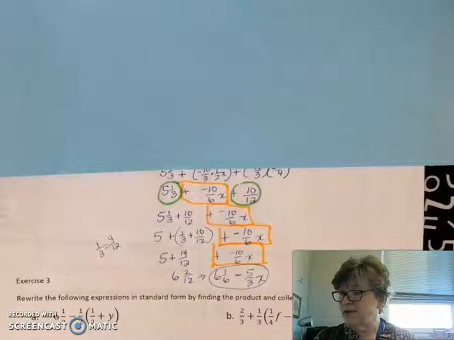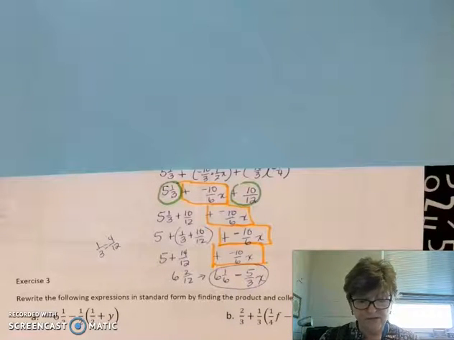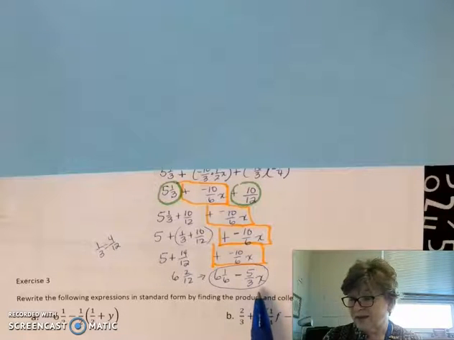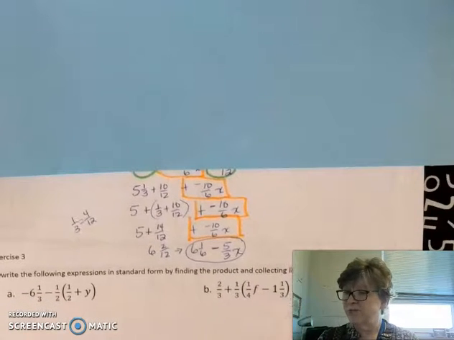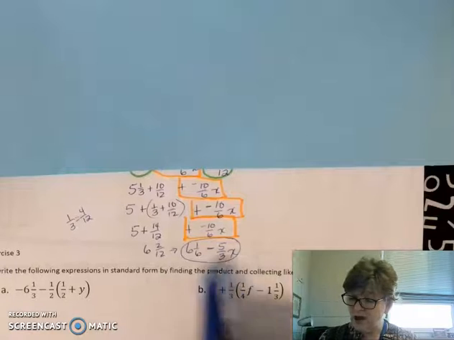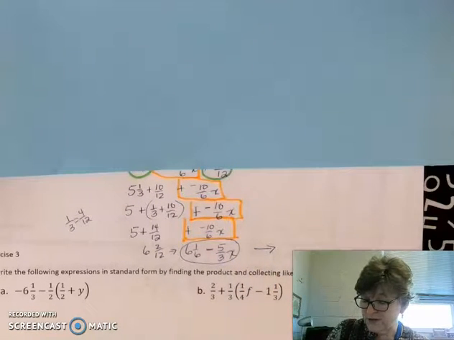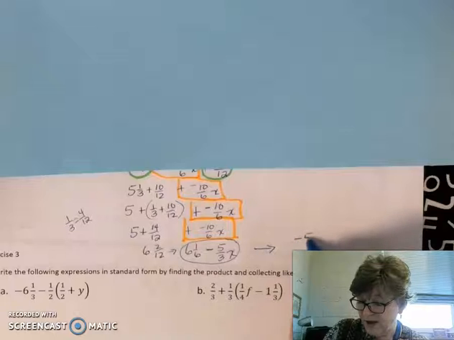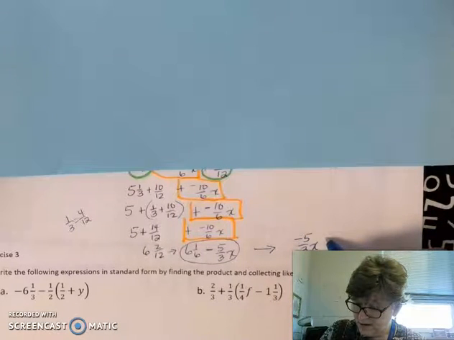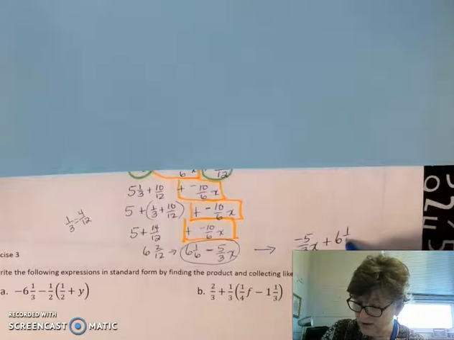So 6 1/6 minus 5/3 x. But we actually would write this with the variable first, and your constant is second. So the proper way for us to write this would be negative 5/3 x plus 6 1/6.